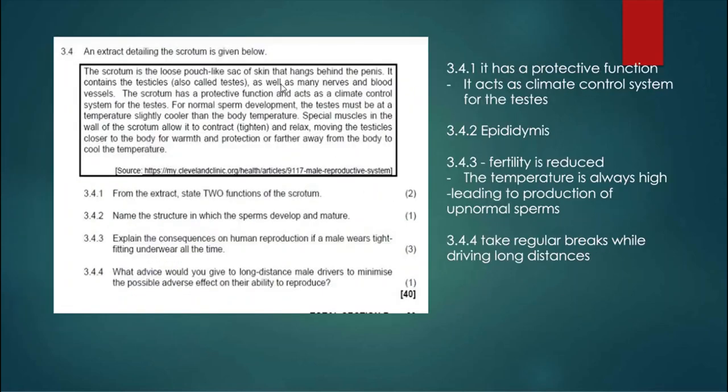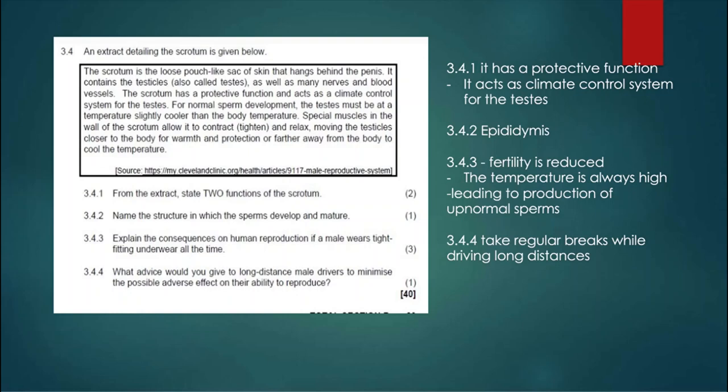So now let's look at the last set of questions here. It is an extract detailing the scrotum given below. The scrotum is the loose pouch-like sac of skin that hangs behind the penis. It contains the testicles, also called testes, as well as many nerves and blood vessels.